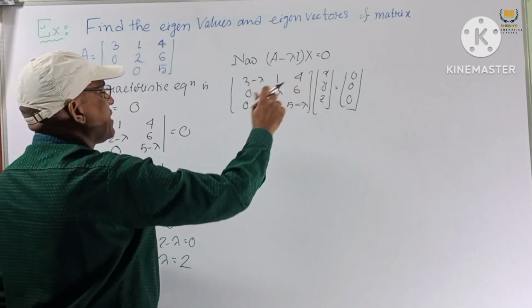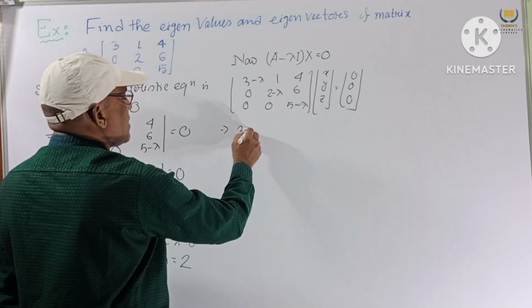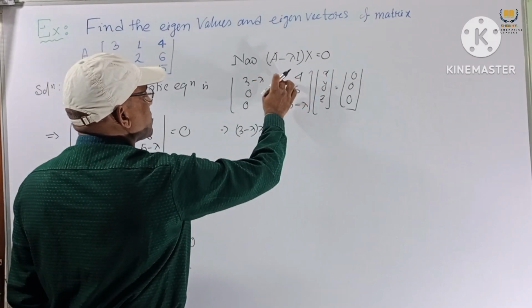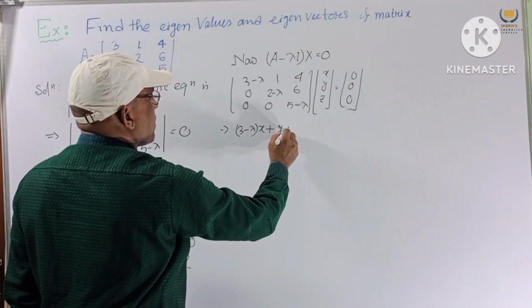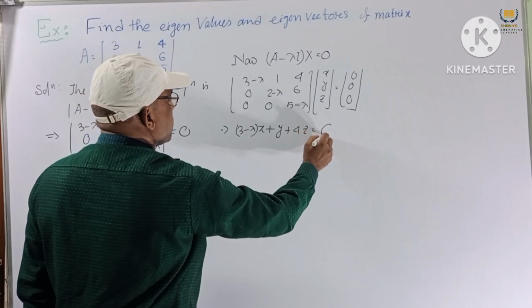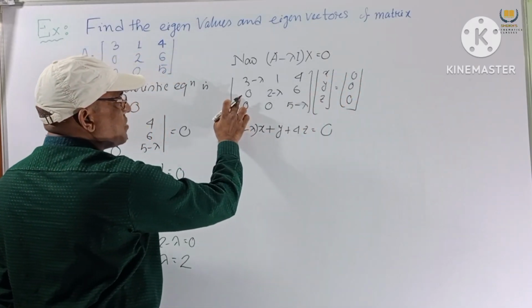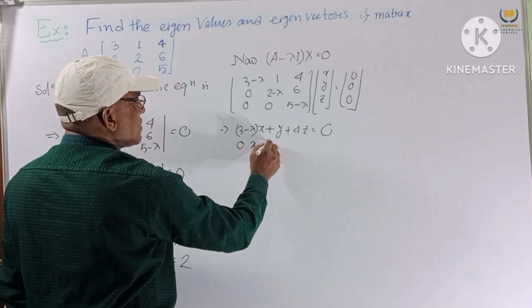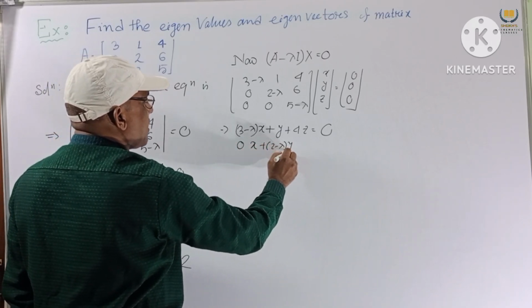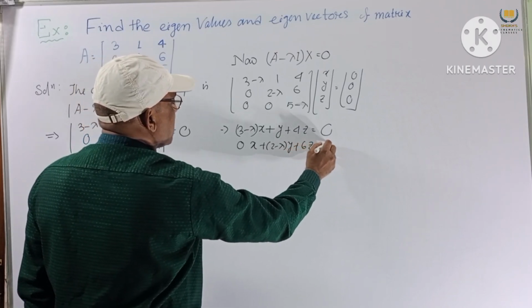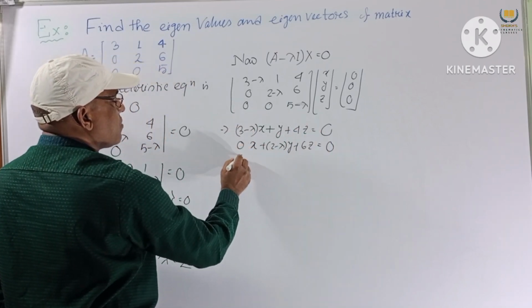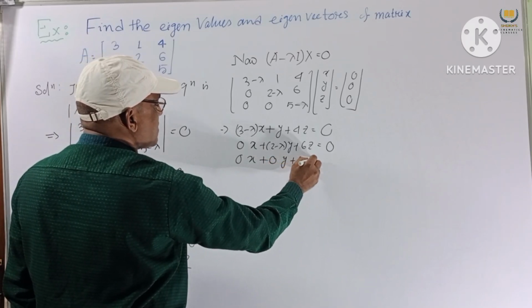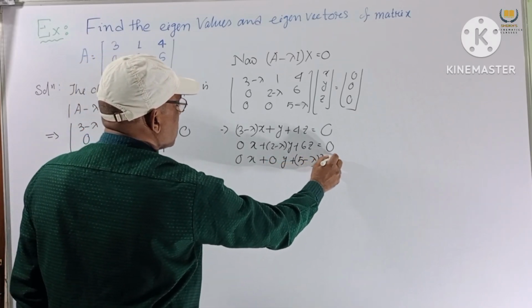Now multiplying, we get (3 minus lambda)x plus 1 times y plus 4 times z equal to 0, and 0x plus (2 minus lambda)y plus 6z equal to 0, and 0x plus 0y plus (5 minus lambda)z equal to 0.